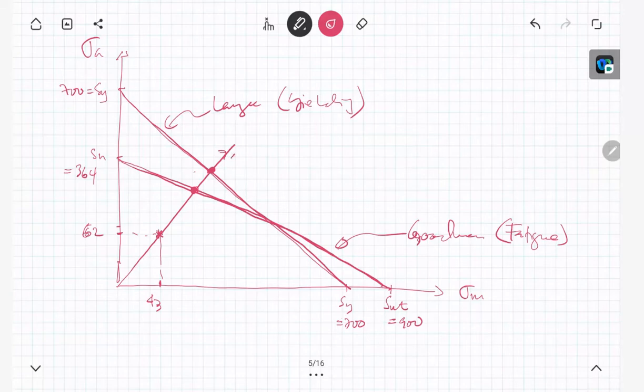If the point is here, fail due to Langer and Goodman. But if here, it will fail due to Goodman, but still safe for the Langer. So this is the point. This is sigma mean value. This is sigma A value.